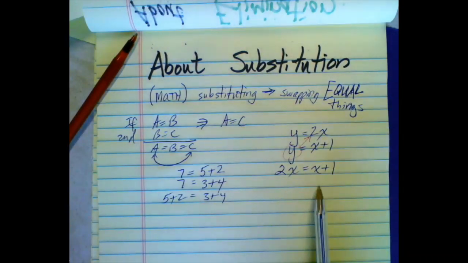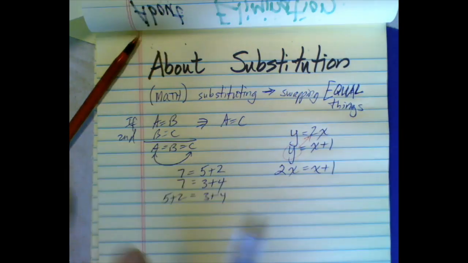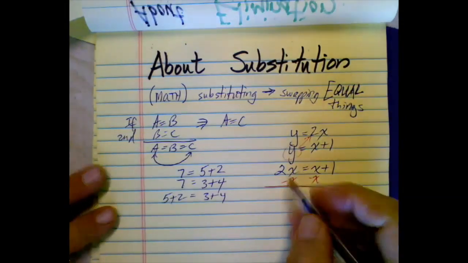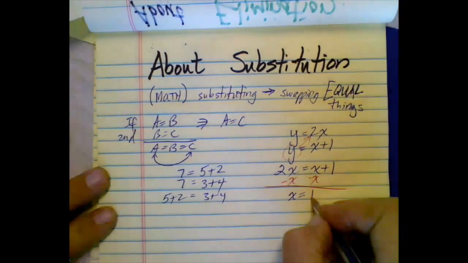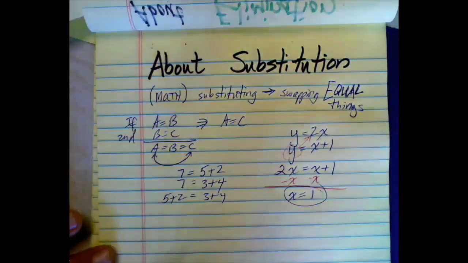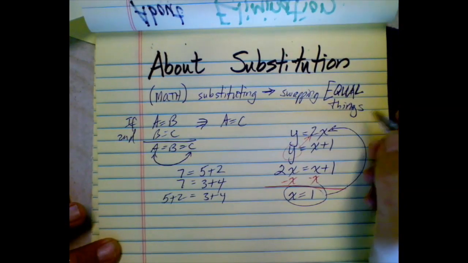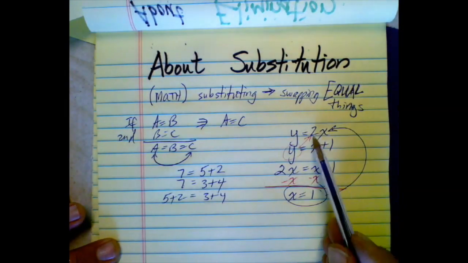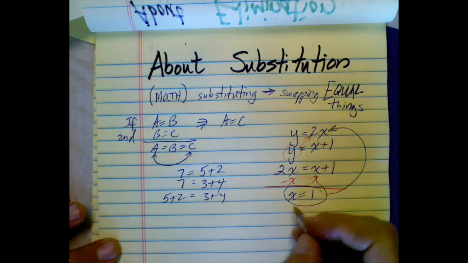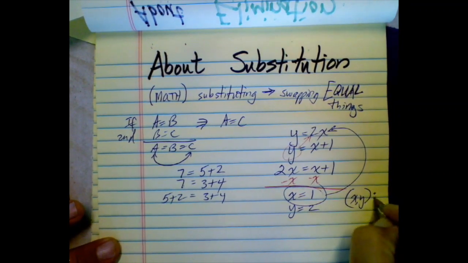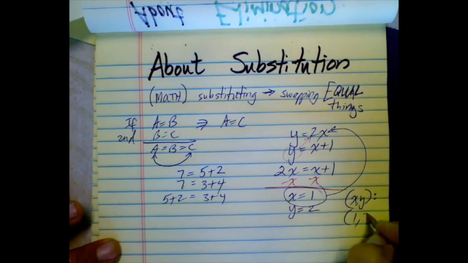Hey, single equation, single variable. I can subtract x from both sides, and I have x equal to 1. I could plug this right back in there, and sure enough, 2 times 1 will make y equal to 2. And so there's my solution: (x, y) is going to be (1, 2).